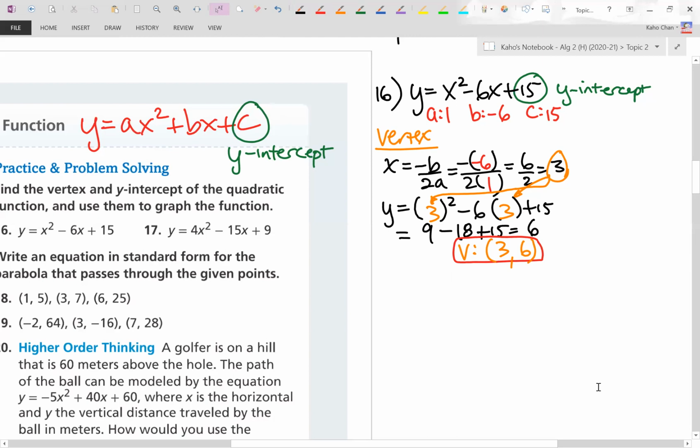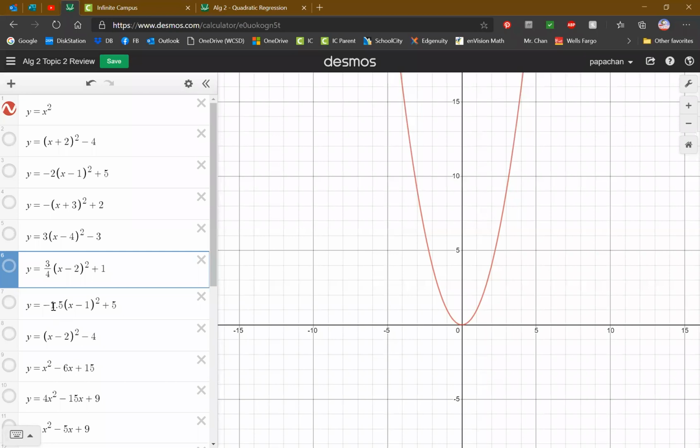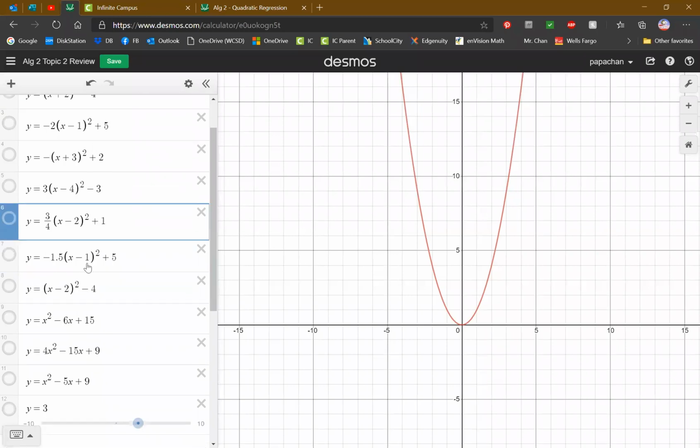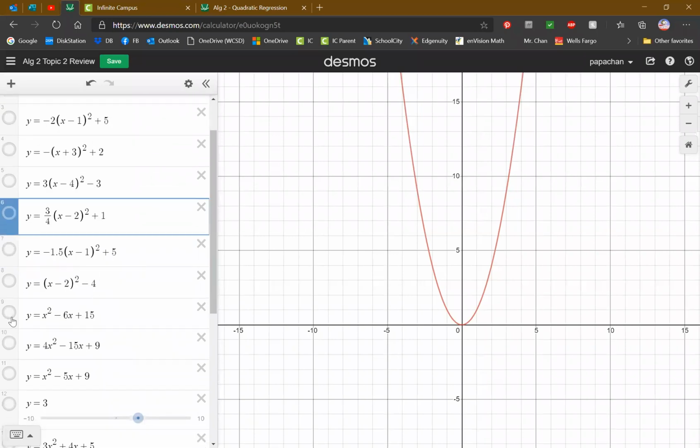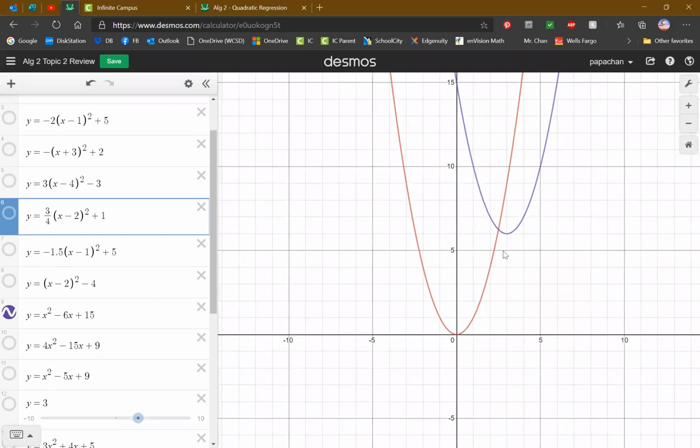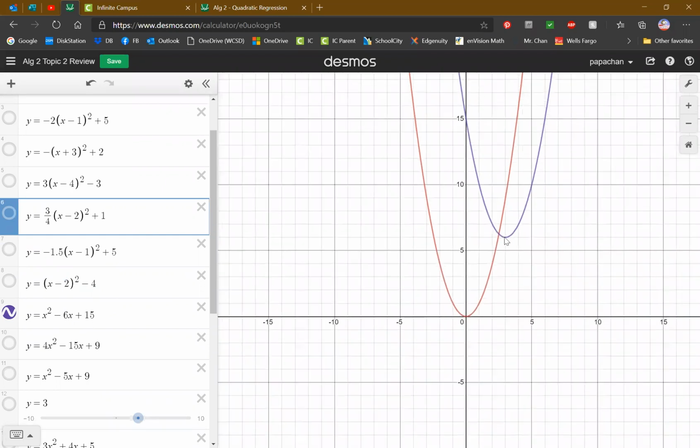I do want to show you that from Desmos. I put it in, way down here. Okay, fine, boom. x squared minus 6x plus 15. My vertex is at 3, 6. My y-intercept is 15. There it is.